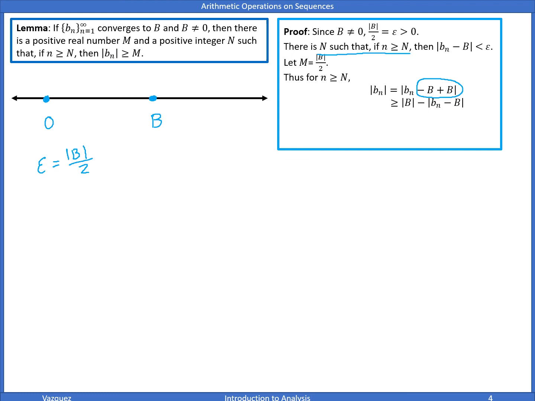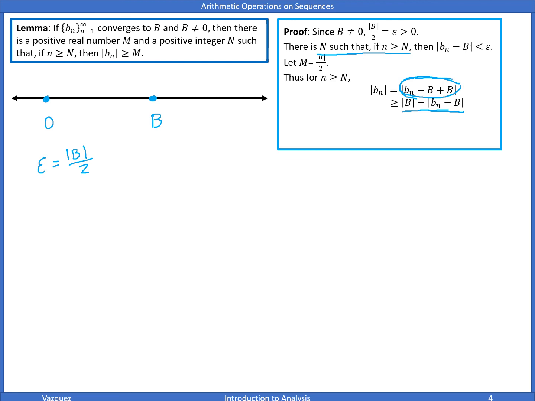Sorry, not the triangle inequality. Something similar, but we're just saying here that for b_n, we're getting the absolute value of something, right? And over here we're subtracting 2 values. That's kind of the reasoning why this is going to be less. We're subtracting something from it. Here we're just getting the total absolute value.